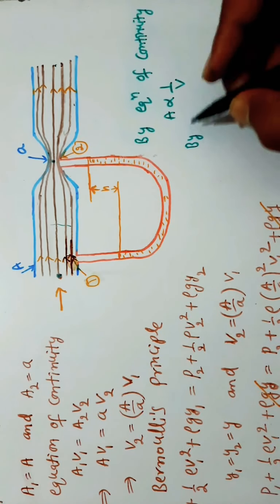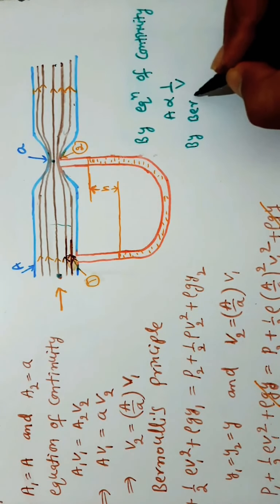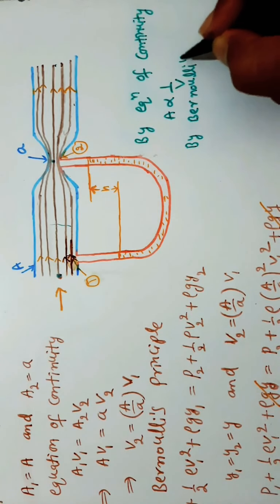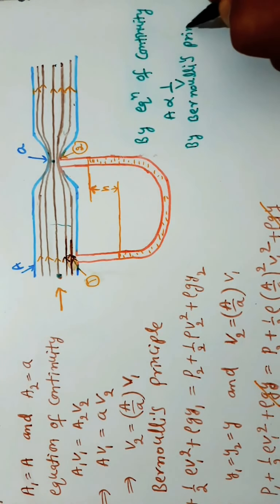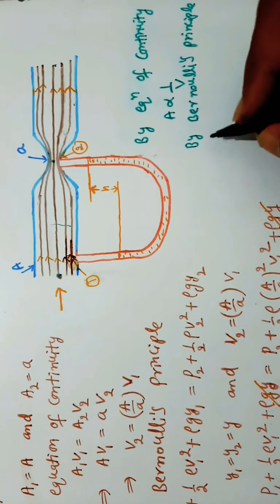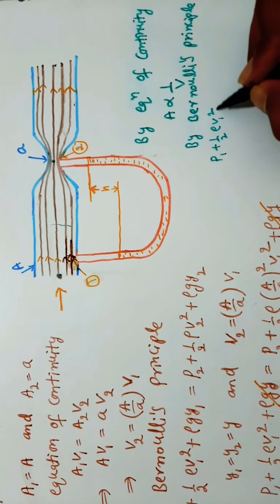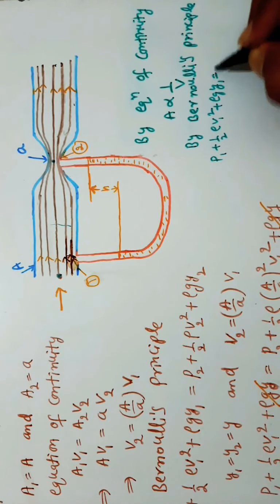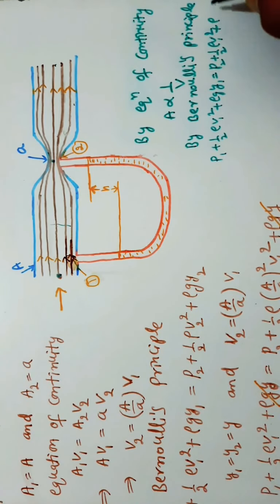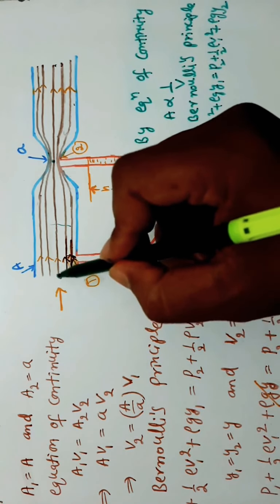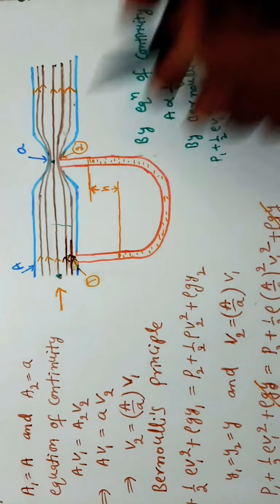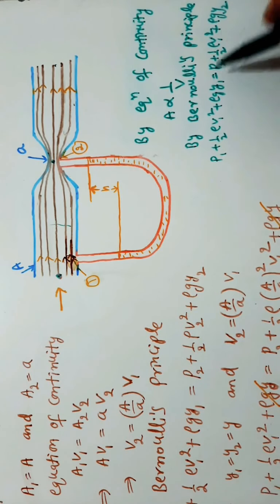By Bernoulli's principle, we know P1 plus 1/2 rho V1 squared plus rho g Y1 is equal to P2 plus 1/2 rho V2 squared plus rho g Y2. Here they are at the same height, so Y1 is equal to Y2, and rho g Y1 and rho g Y2 cancel.